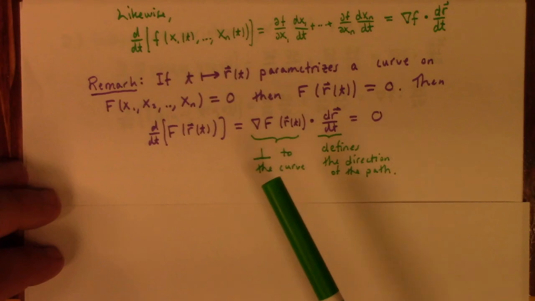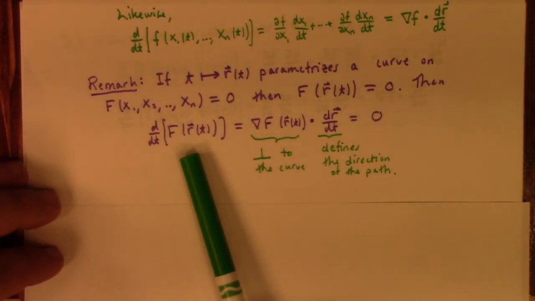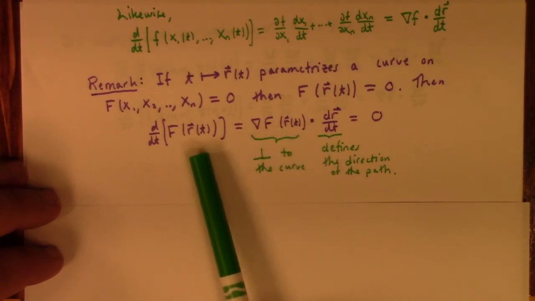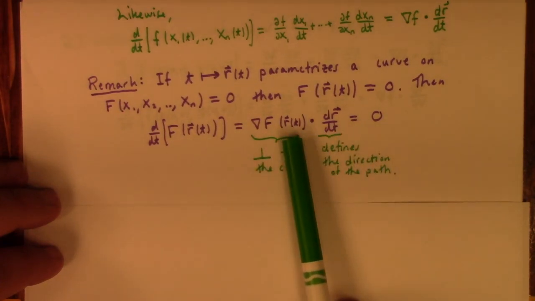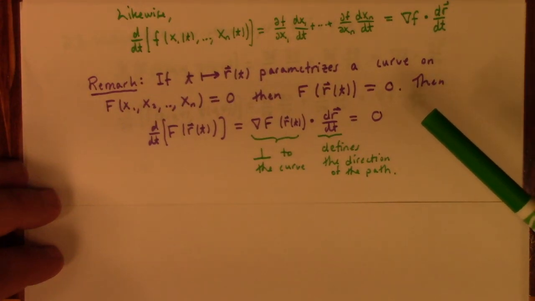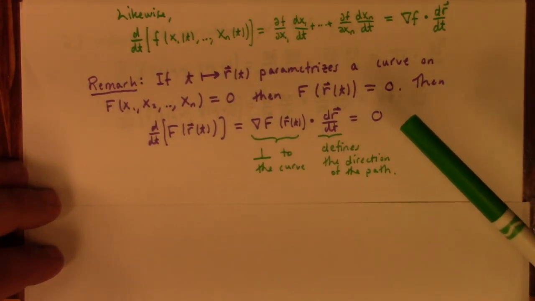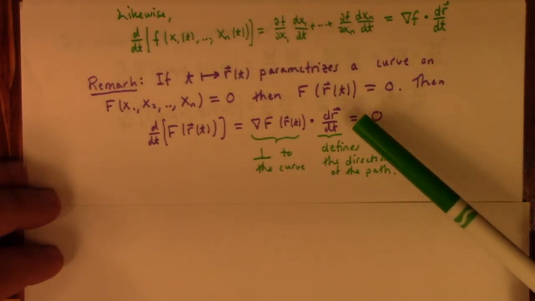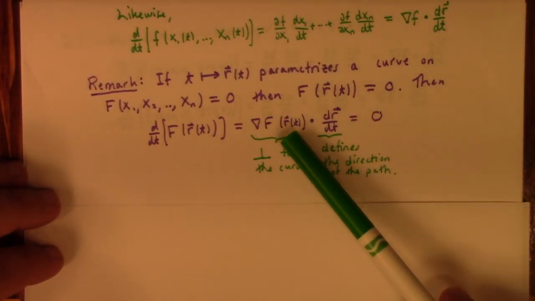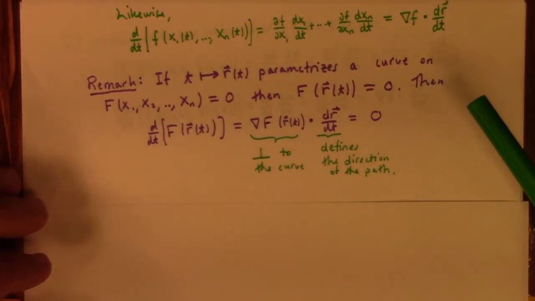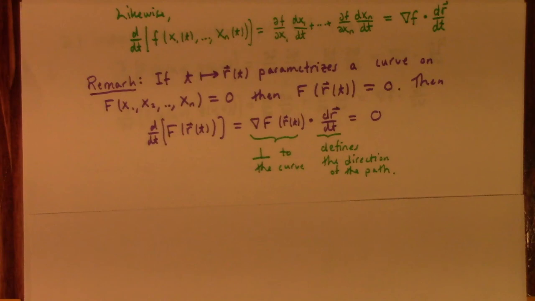So then the chain rule says that if you differentiate that composite, well, then it's the gradient of the level function evaluated at the path dotted with the velocity of the path. And so that goes to show you that claim that we've seen before, which is that, for example, level curves have tangent vectors which are perpendicular to the gradient vector field to the curve. So the chain rule proves that, essentially, is all I'm trying to get at here.